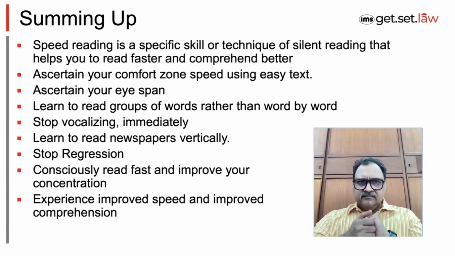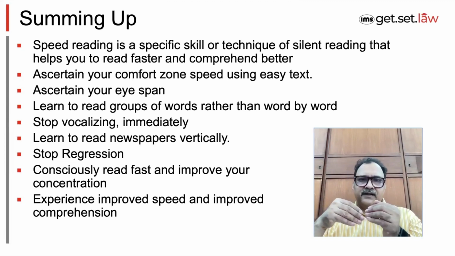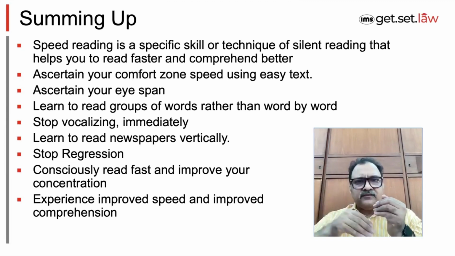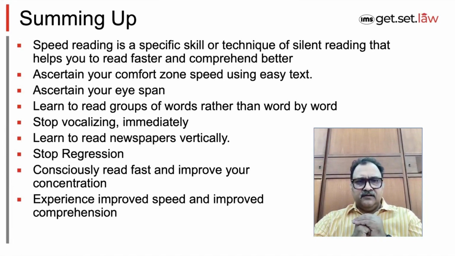To summarize, speed reading is a specific skill or technique of silent reading. No vocalizing, no sub-vocalizing, that helps you read faster and comprehend better. First, read some simple text to ascertain your default reading speed. And then as you read more, as you practice more, keep building upon your reading speed.